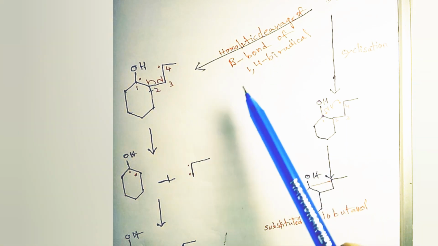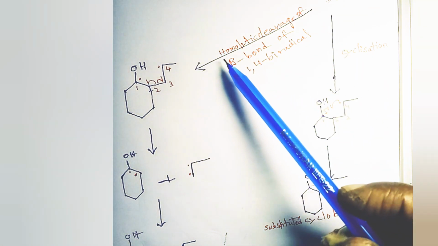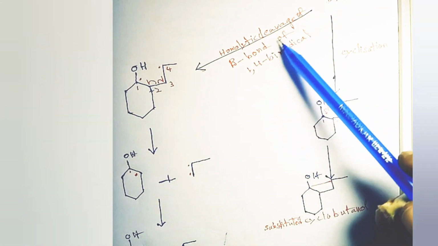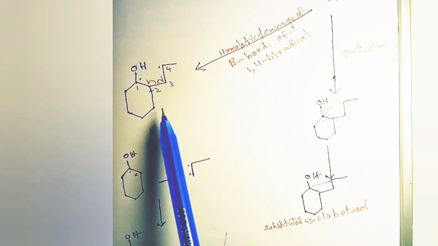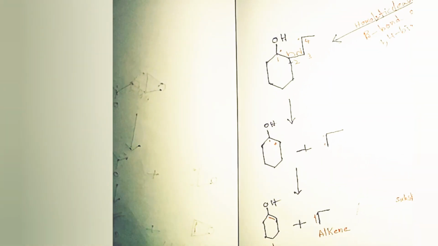Okay. Now let us see beta cleavage in this compound. Homolytic cleavage of the beta bond of the 1,4 biradical takes place. Let us see that. Here, this is the alpha carbon, this is the beta carbon. The bond between alpha and beta is the beta bond. This bond cleaves homolytically to give us two radicals, one on the alpha carbon, one on the beta carbon. So we get a radical on the beta carbon.